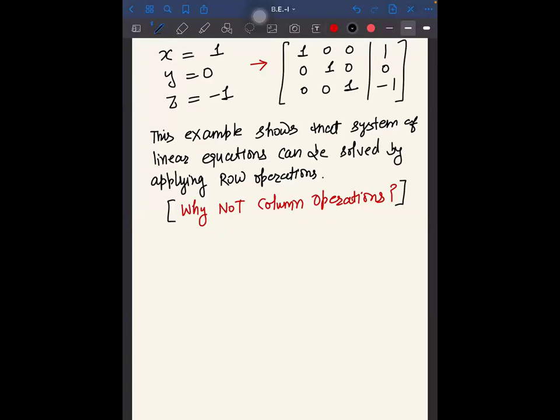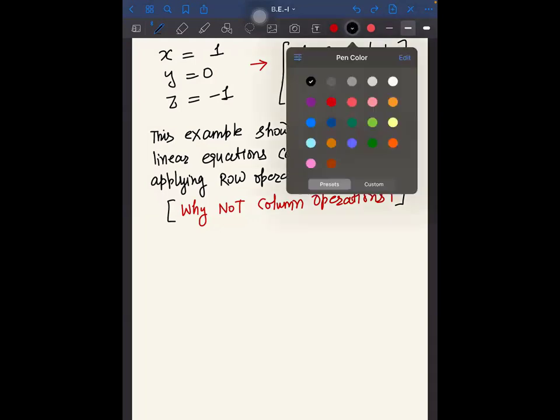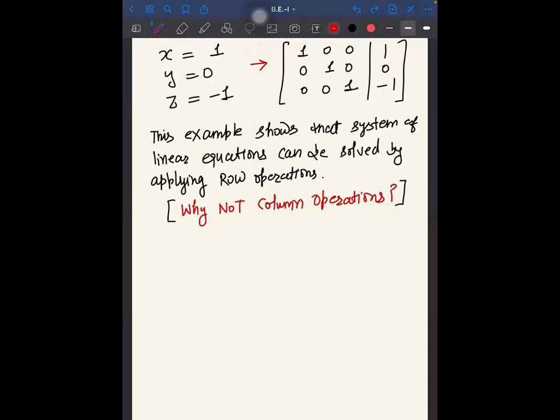Do you know any other way to solve the system of linear equations? Cramer's rule. Yes. So earlier you used to apply Cramer's rule, right?